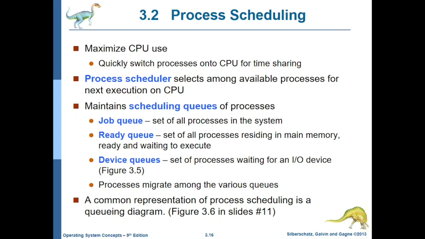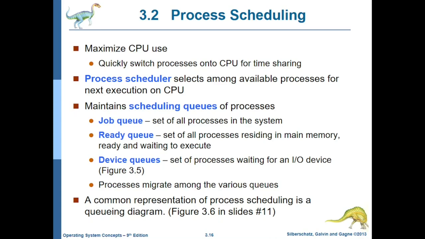The third type of queue is the device queue, which contains all the processes that are waiting for an input-output device. An I/O device is a hardware component that allows a process to communicate with external devices or users, such as a keyboard, a mouse, a printer, a disk, and so on.